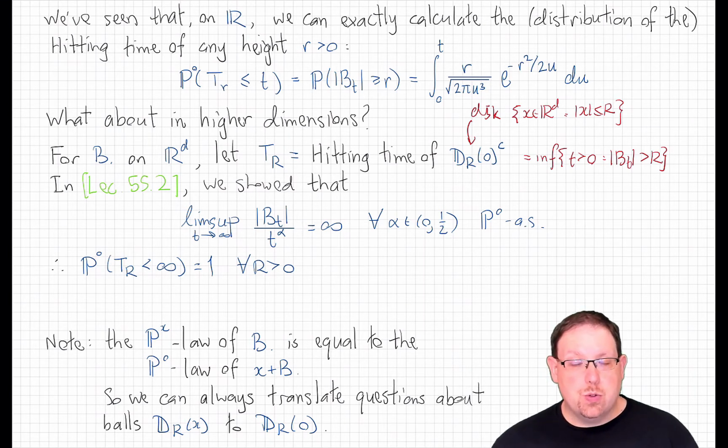The question is, once it leaves, can it ever return? That's what we'd like to answer in this final lecture of the course. And by the way, this question is equivalent to asking, given the Brownian motion started at 0, does it ever reach a ball of radius r centered at some point x, somewhere far away?